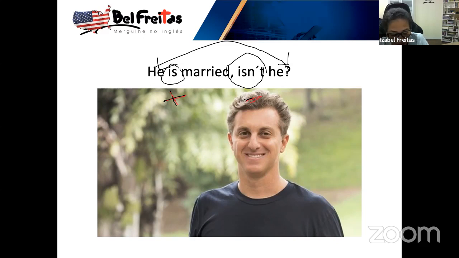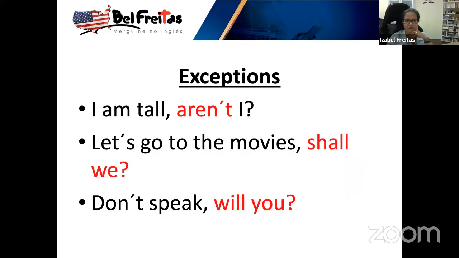Because here we are talking about the present. Have here is not an auxiliary verb. So this is the correct sentence. He has a big nose, doesn't he? That's fine, no problem, Thiago, very good. More examples, you can write more examples.